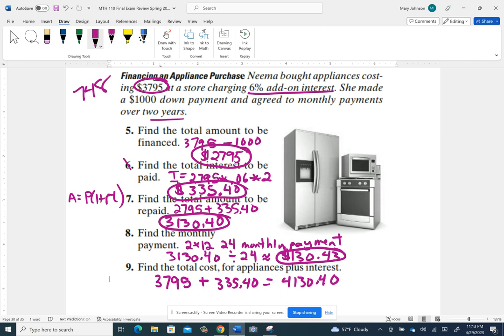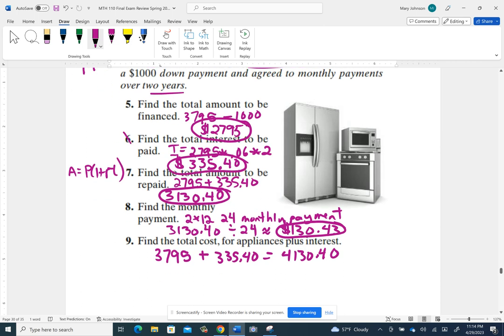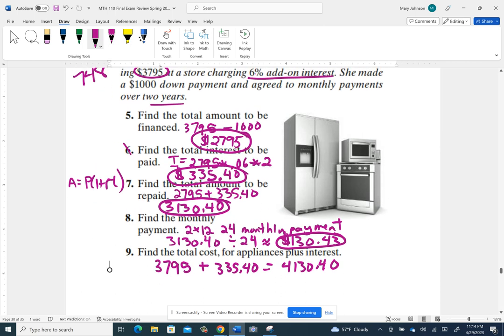Or you could take the total amount she has to repay and add in the part she already paid, and that's going to give you $4,130. So some of you might think of it one way versus the other, but the answer would be $4,130.40.